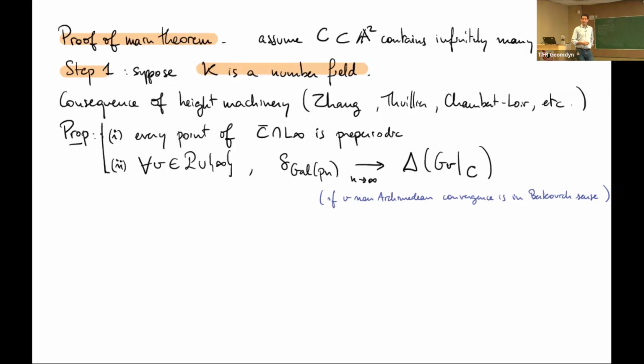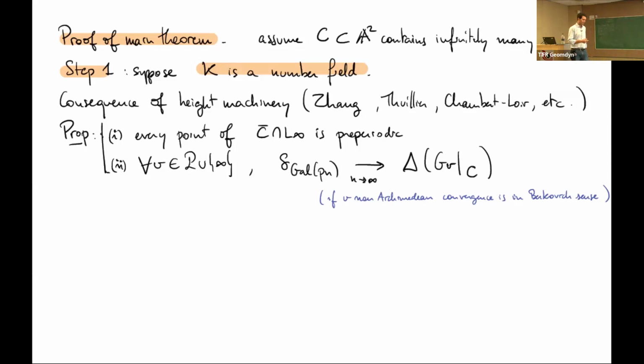And what is this something? This something is the Laplacian of the green function restricted to the curve. Okay, actually, yeah, that's the formula. And this is true over the complex numbers, but this is also true over the p-adic numbers. In this case, you need to make good sense of what this Laplacian is and what this convergence of measure means.